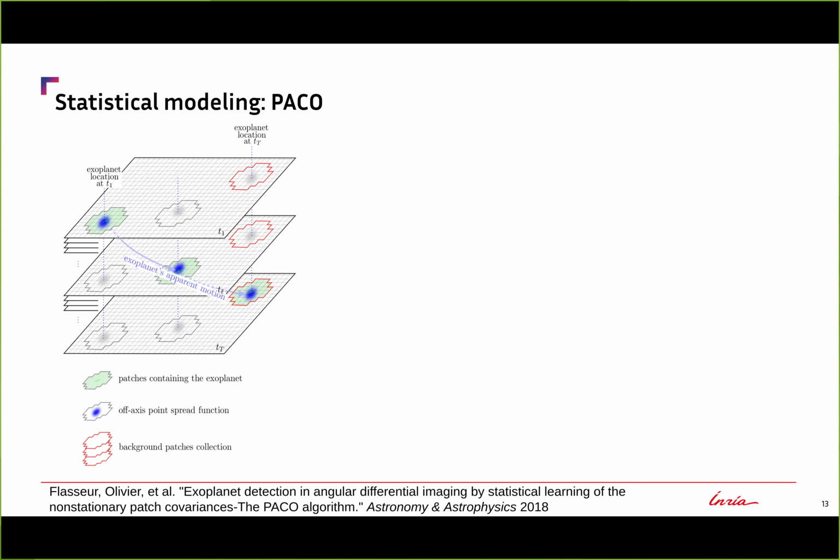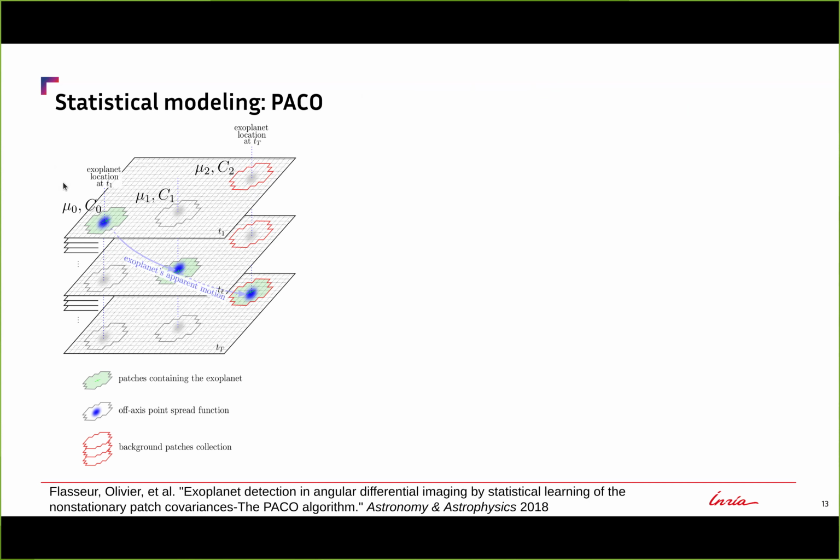In PACO, the method divides the observation into patches of a fixed size, and then it models each temporal series of patches as sampled from a multivariate Gaussian distribution. So this is a local model. There is one model for each patch in the image. What they do is they first fit this local model for each patch. They compute the mean and the covariance matrix for each patch with some regularization, but I will skip that.